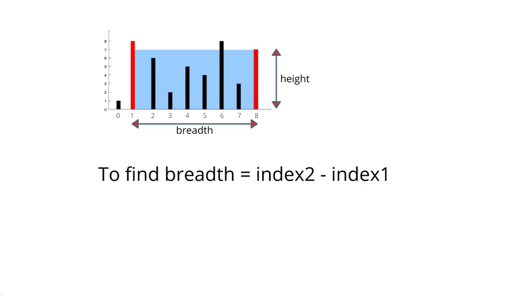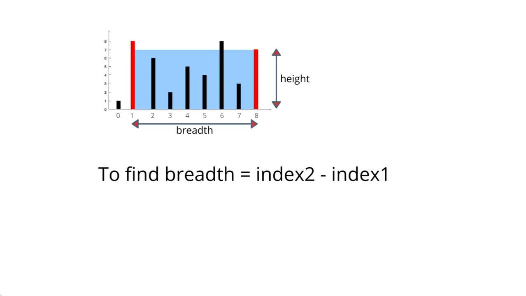Likewise it goes on. If you want the breadth, the difference between these two pillars will be the breadth of the container, if we assume it. So index 2 minus index 1, which is 8 minus 1, will be 7.